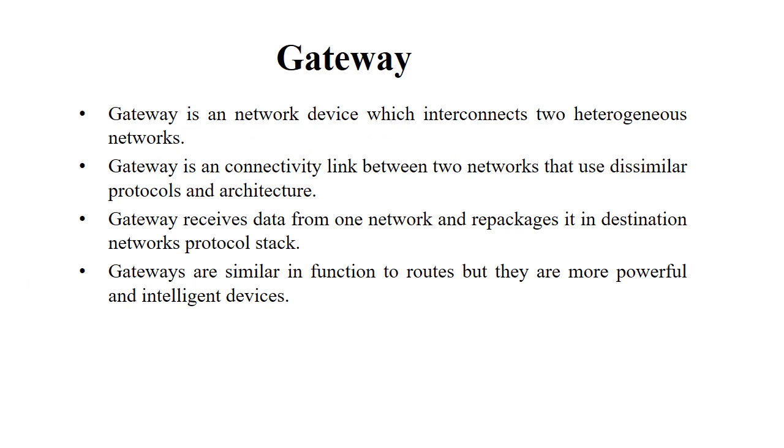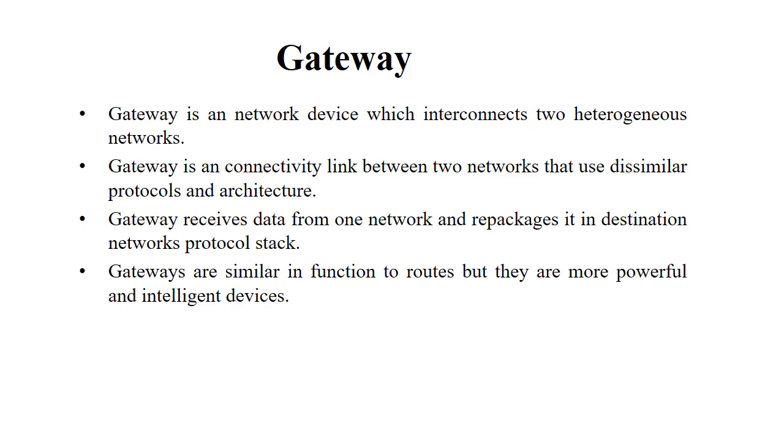Next is gateway. A gateway is a network device which interconnects two heterogeneous networks. A gateway is a connectivity link between two networks that use dissimilar protocols and architecture. A gateway receives data from one network and repackages it in the destination network's protocol stack.